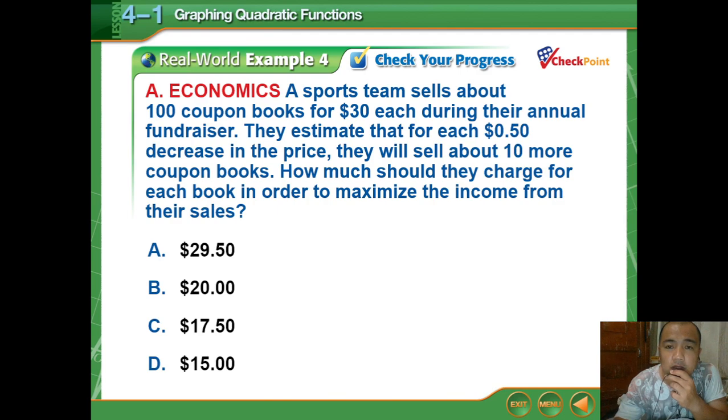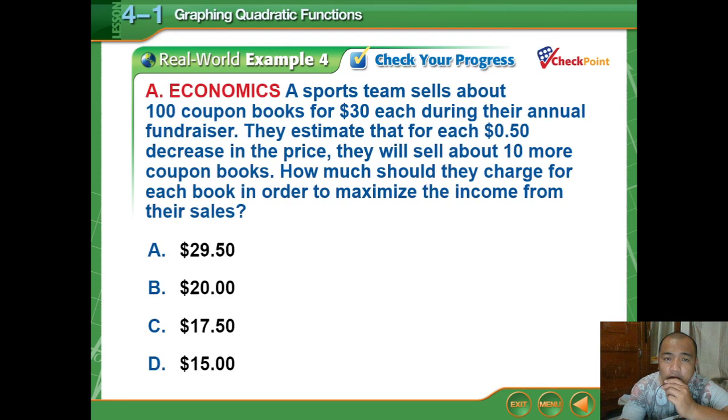C, $17.50, or D, $15? I will tell the answer now, and I think you will show me the solution from our previous example. The answer is $17.50.